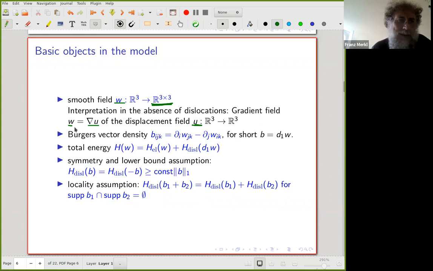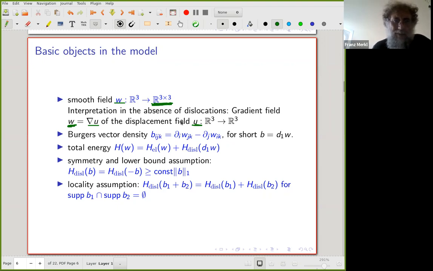So rather we use, you can think of it as a local orientation of our lattice, more precisely a deviation of it from the identity matrix, which is a 3 by 3 matrix. So it describes the local orientation of our crystal, at least in linearized approximation, close to the identity matrix.